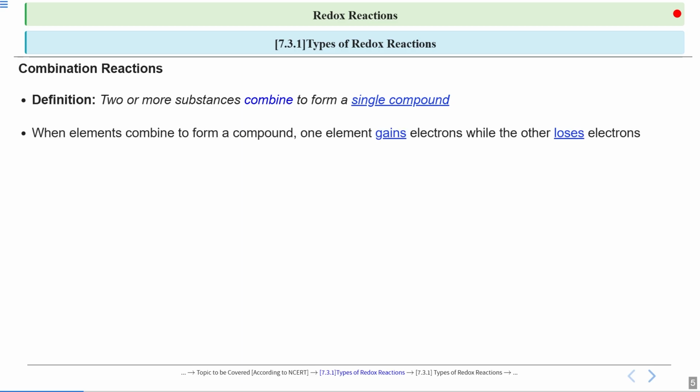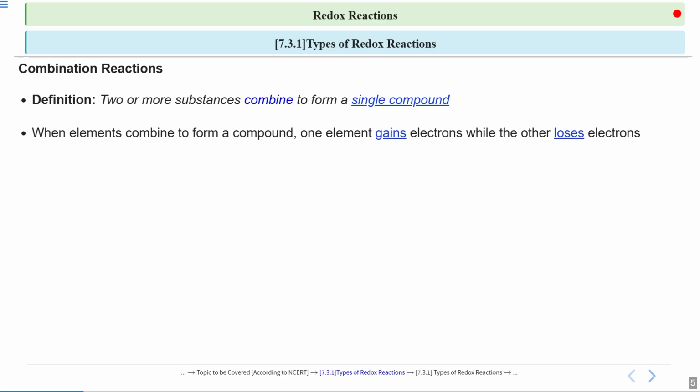Now, if we understand this combination reaction in terms of electrons, then when elements combine to form a compound, one element gains electrons while the other loses. Two or more substances combine and form a final single product.